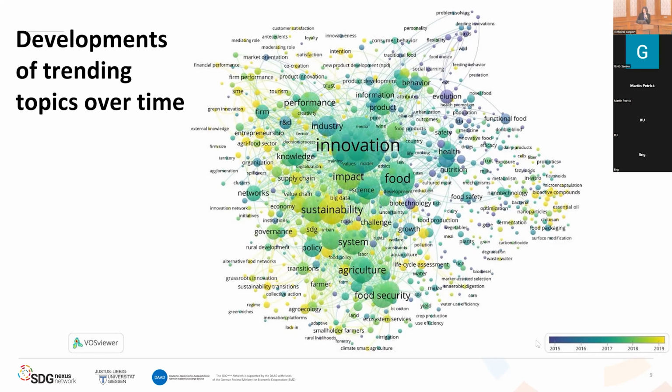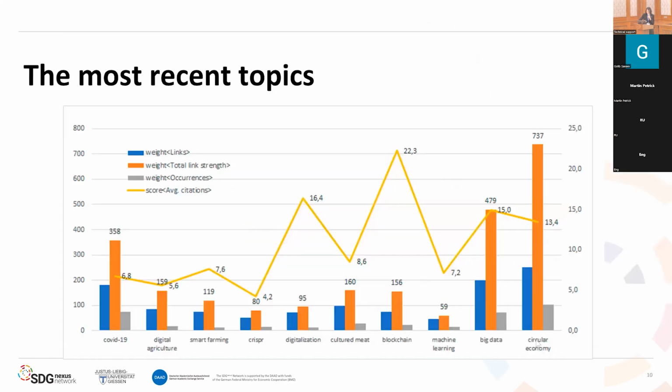All keywords from the yellow cluster were analyzed through abstract review, and we constructed this table, which shows us that COVID-19 is the most recent keyword. And we also see here words which belong to disruptive technologies.